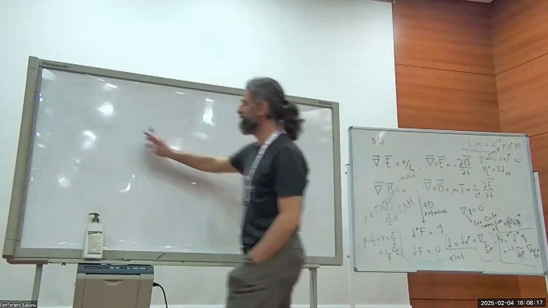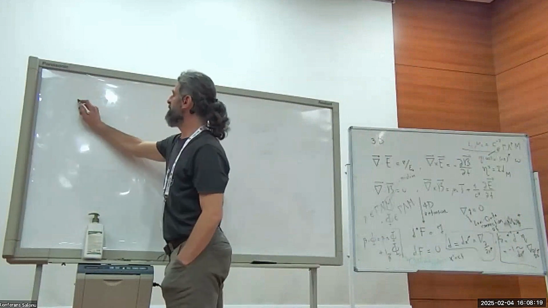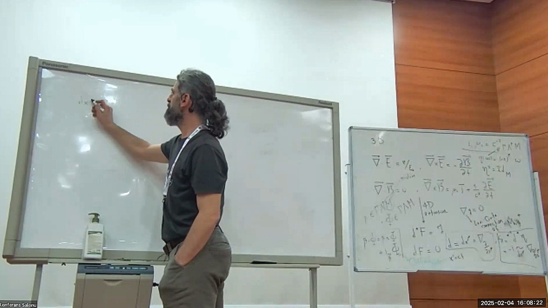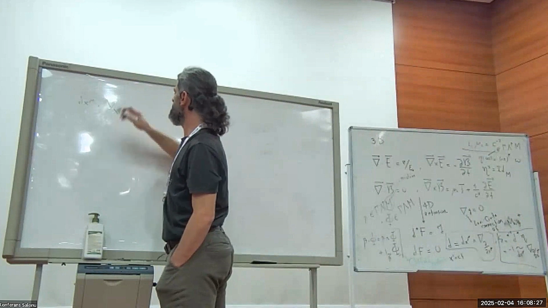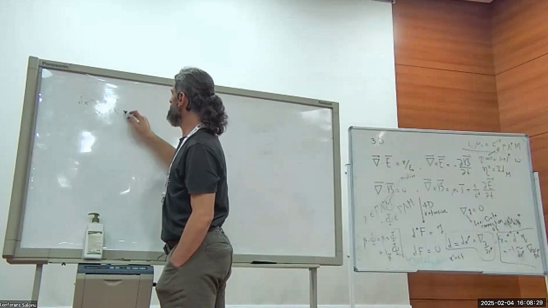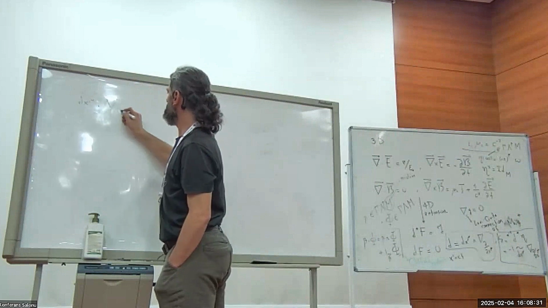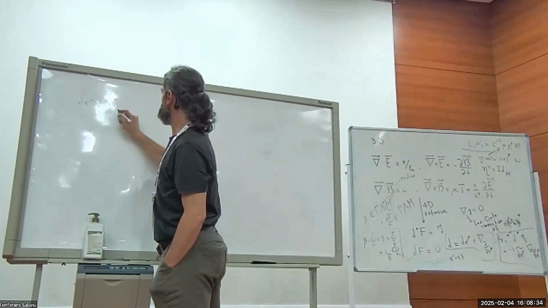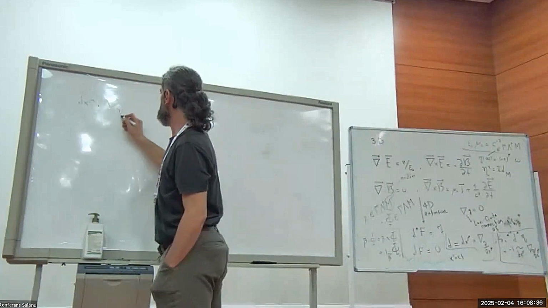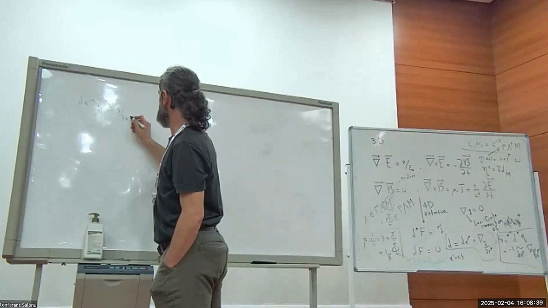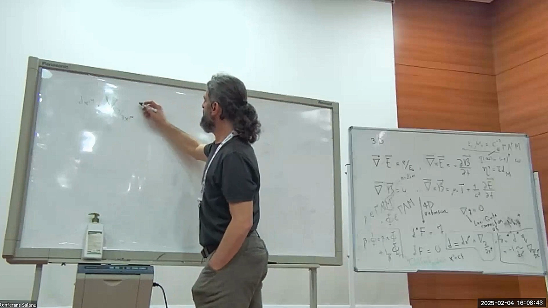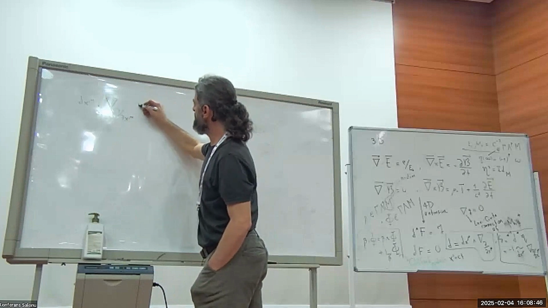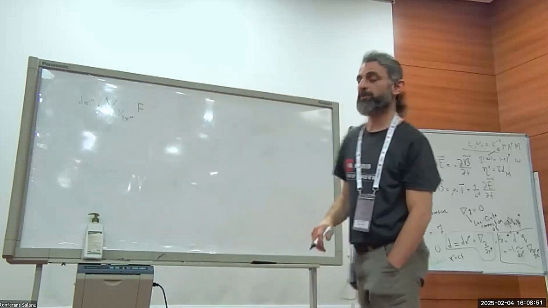So I'm writing dx mu Clifford product nabla x mu, and acting it on our F Maxwell 2-form.